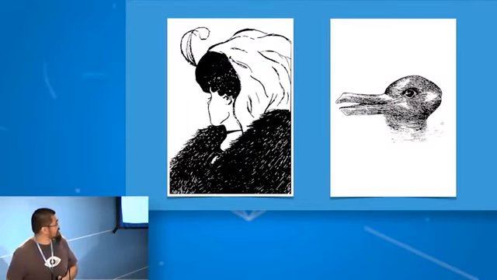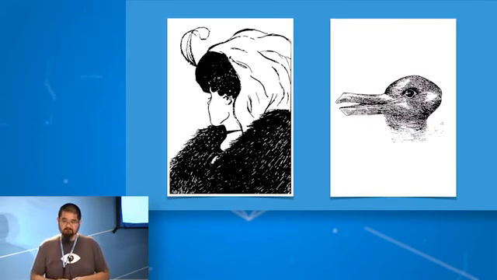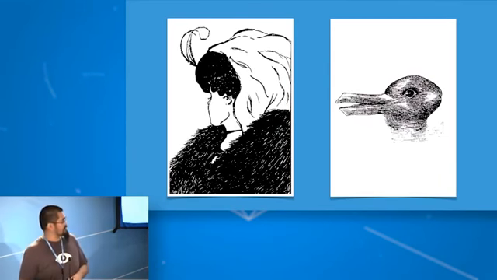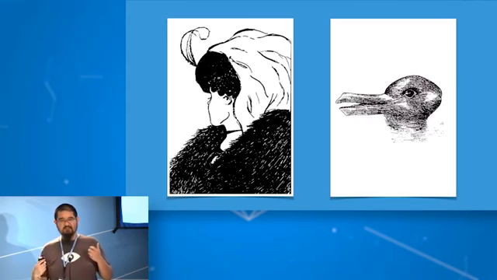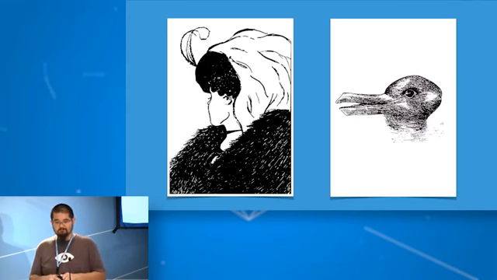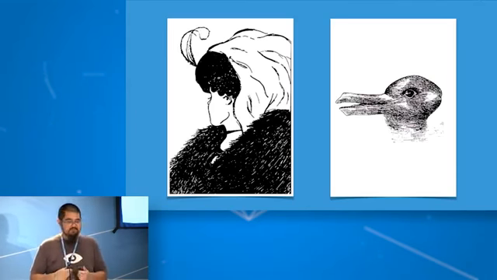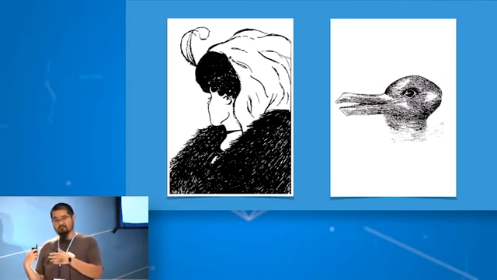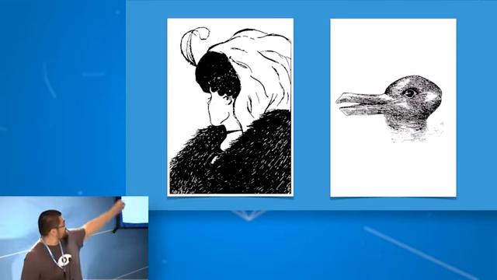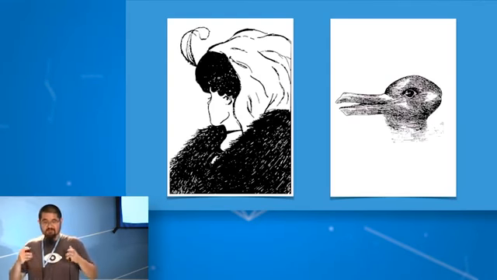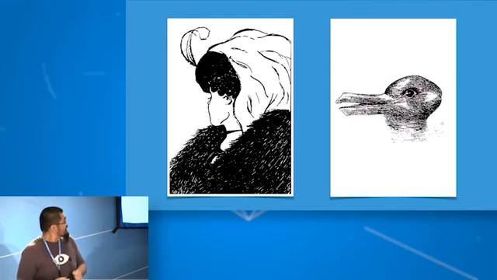So these are some classic illusions you've probably seen before. The one on the left, I forget the name of that one, something like the old maiden, the young maiden, the old lady. So depending on how you interpret the information, you can see it as either a young woman looking over her right shoulder, and you can see the edge of her cheek there. There's a little bit of her eyelash sticking out.